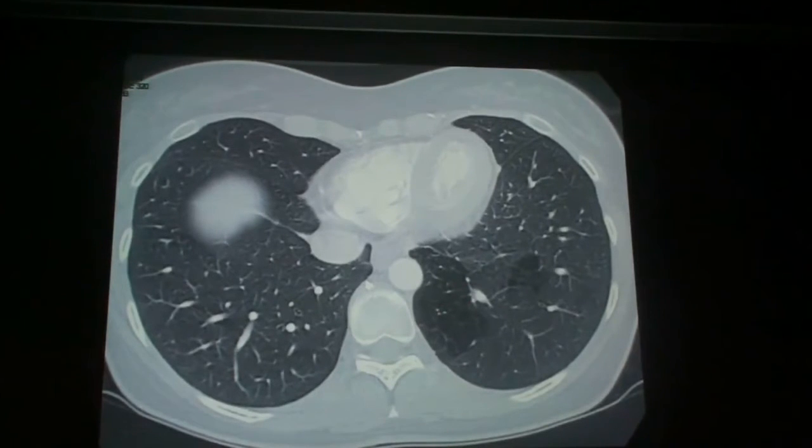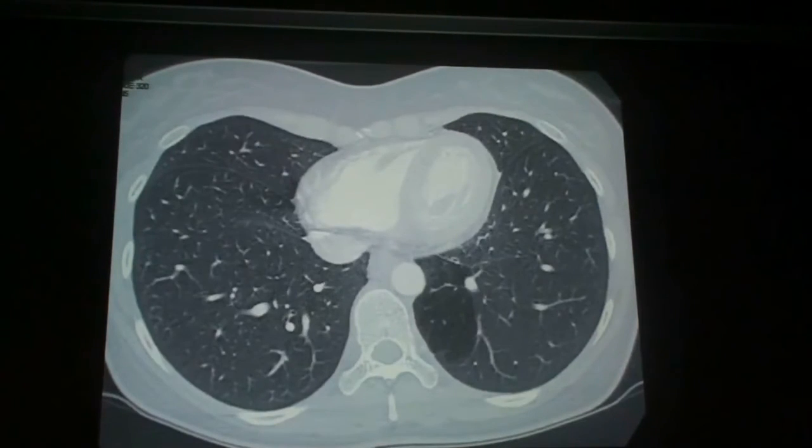And the last abnormality is this, and this is not really abnormal. This is the venous drainage, and in this case, it was connected to the left atrium as it usually does.